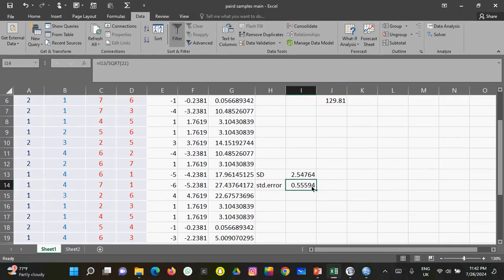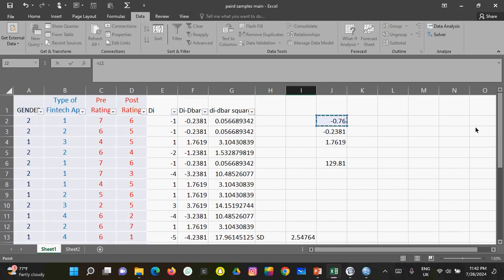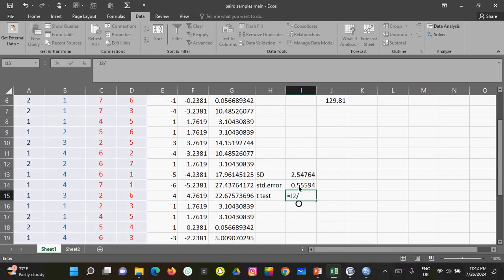Right, we had this to be a standard error, and then our difference is, so our T test will be equal to the mean difference divided by the standard error here. Then this is what we are getting.